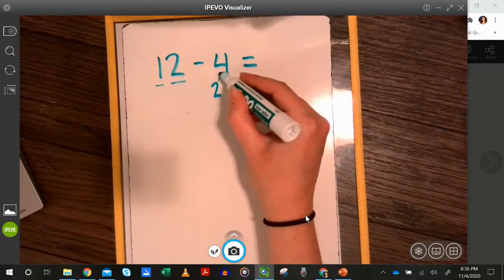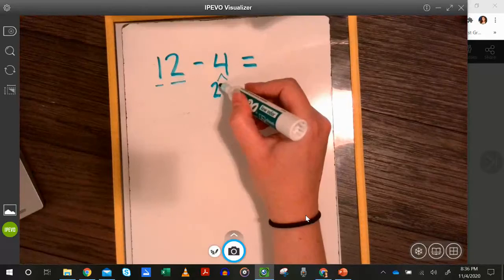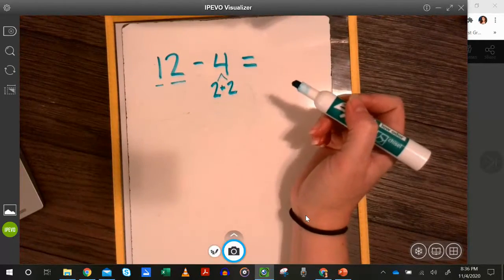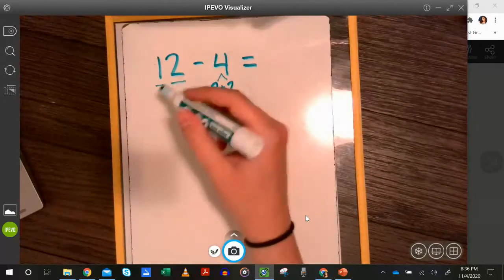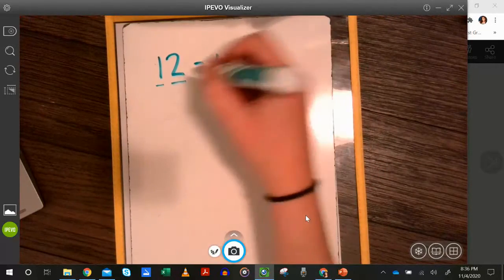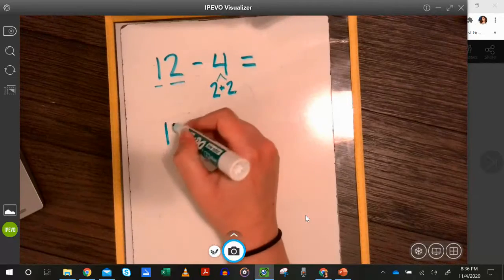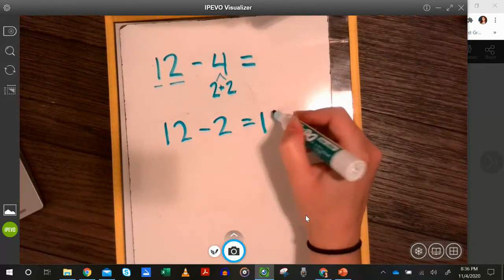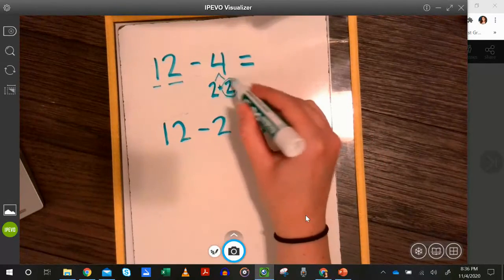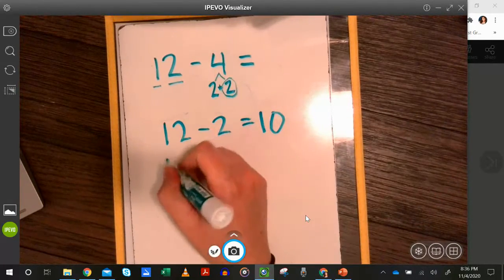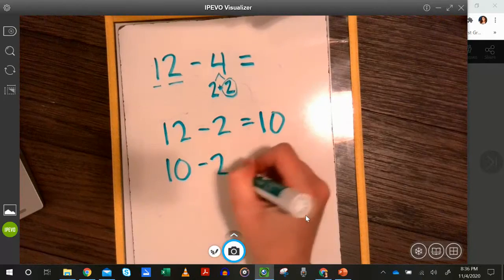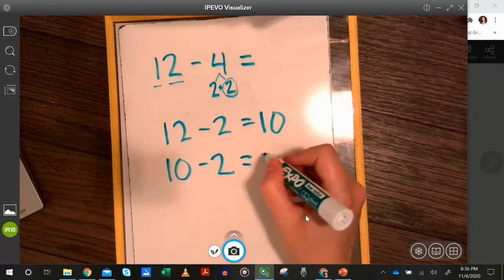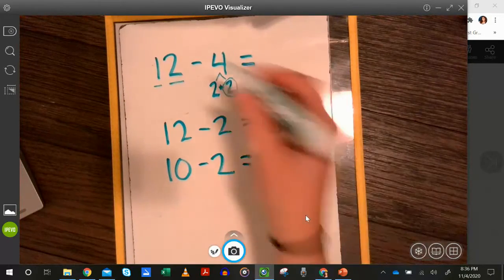But 4 is what we want to take away. How do we build 4? 2 and 2, right? So I would go down to my group of 10, so 12 minus 2 to take me to the group of 10, and then we have to take away this other group of 2. 10 minus 2, what is a 2's 10 buddy? 8.